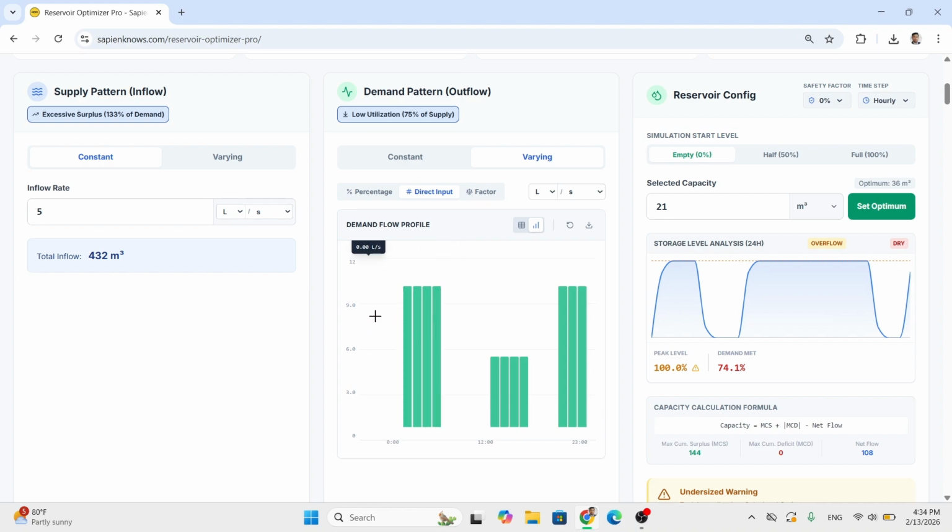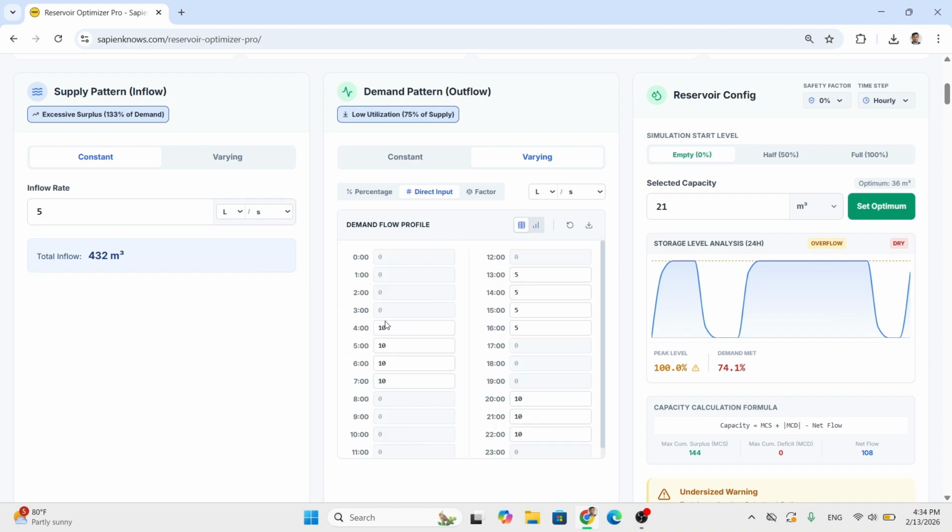So there is no demand up to 3 a.m., if you consider it after midnight.